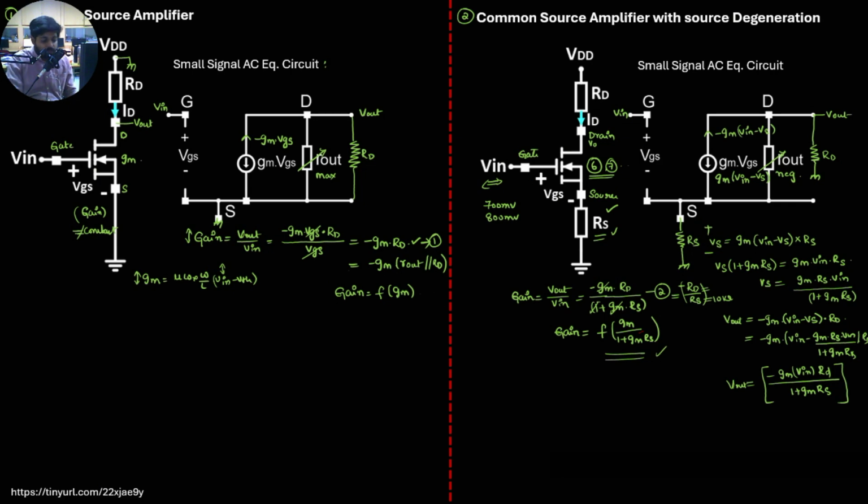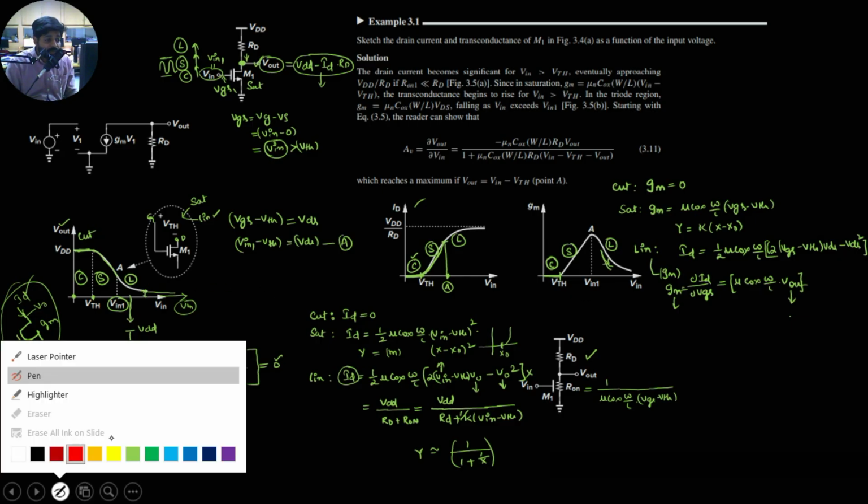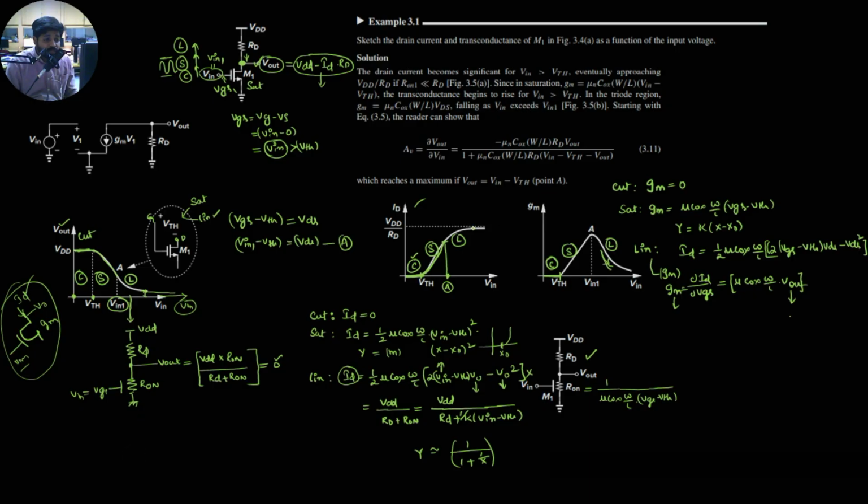So this is the minimum level it can reach, and this is the point where it reaches the maximum level. Let us find the maximum and minimum levels, and we will verify whether we get the same values in the simulation.